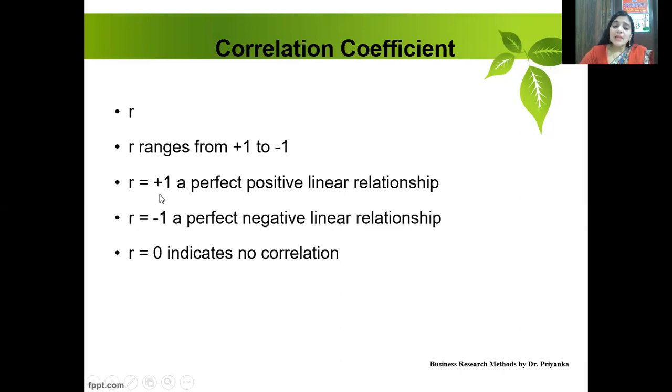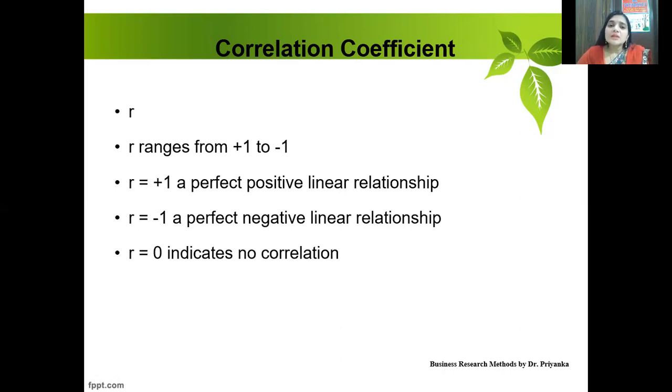But if the value is +1 or -1, that means they are perfectly correlated. But generally we'll be finding values somewhere between 0 to 1, positive and negative. And as per the association, we generally say if the value is above 0.7, then the variables are highly correlated.